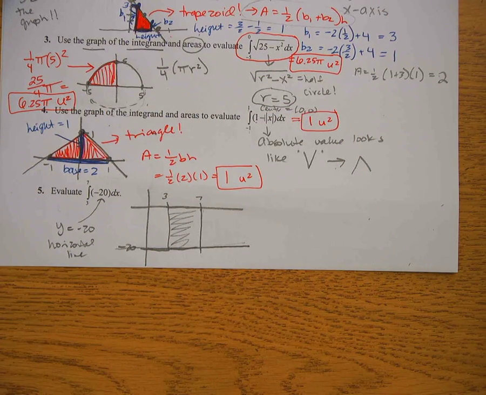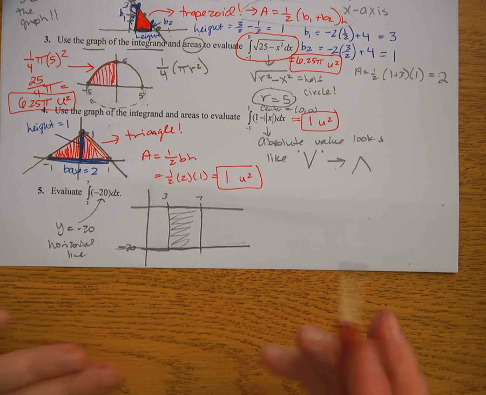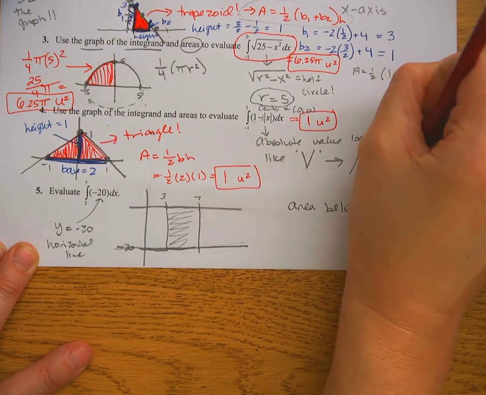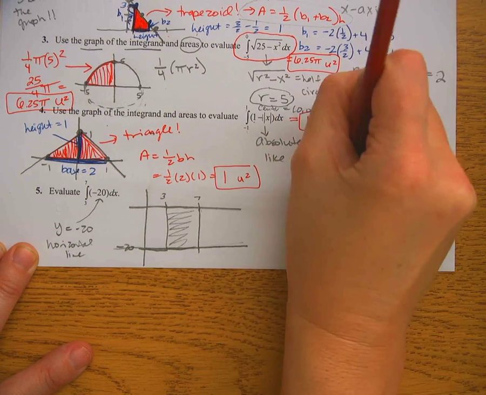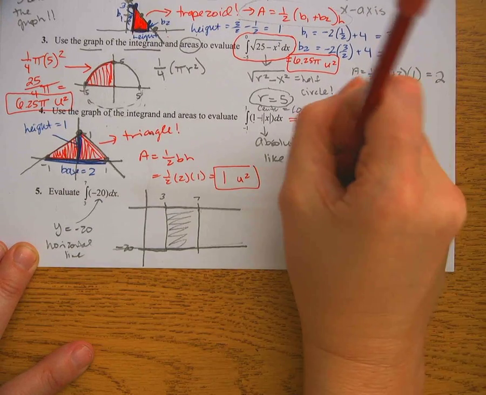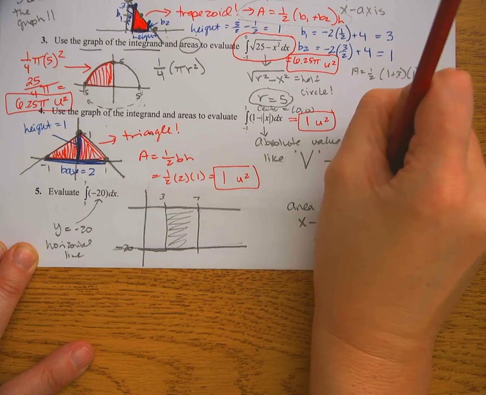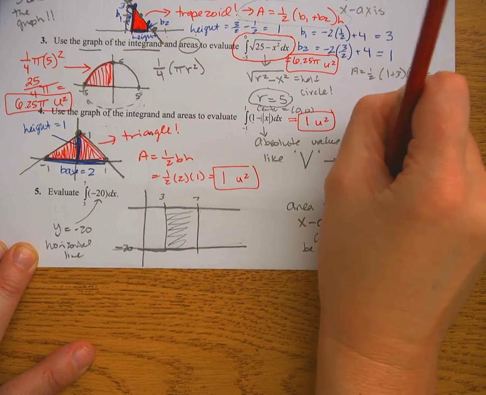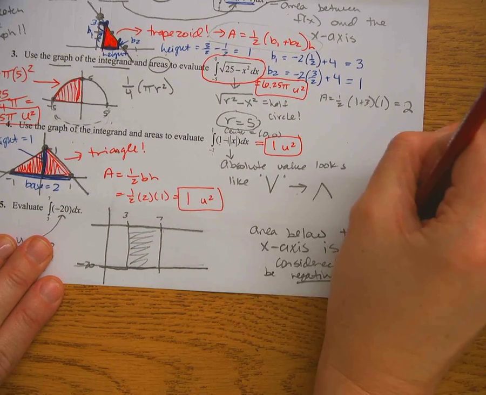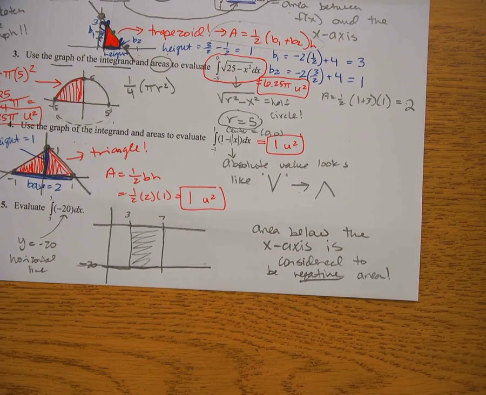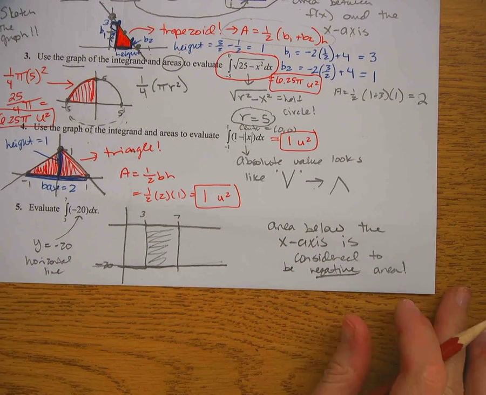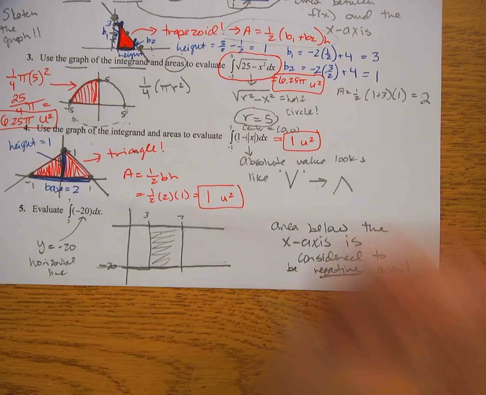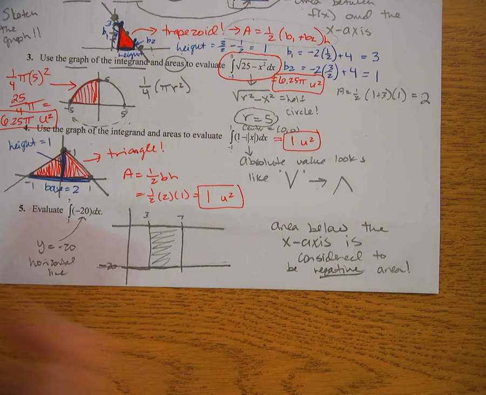But the area is below the x-axis, so you need to make a little note to yourself that area below the x-axis is considered to be negative area. You're probably wondering, how the heck is that possible? This is where we sort of have to let go of our geometry and allow area to be negative. And this area is going to all be negative because it's all underneath the x-axis.